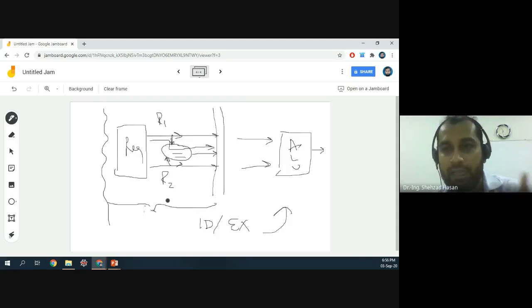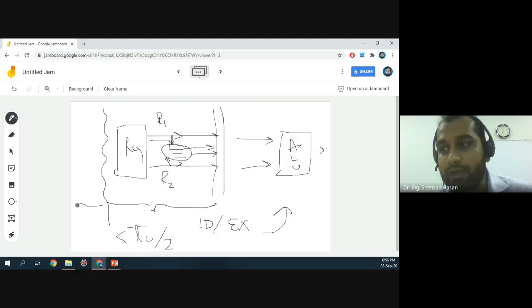If the register read operation plus the comparator delay is less than half the cycle time, so if TC is my cycle time, then TC by 2, then this operation is not affecting the cycle time.